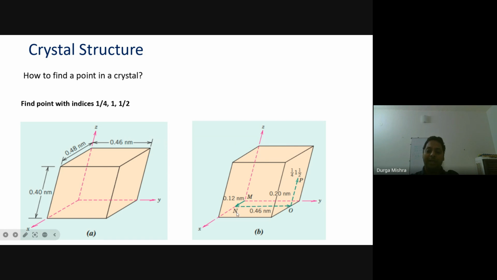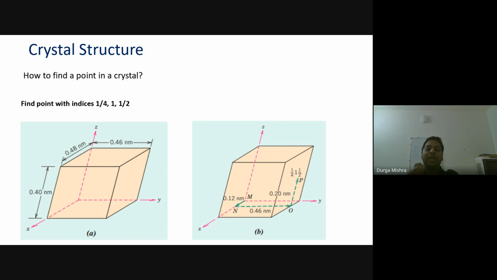So from M to N I come, then N to O. Then I'll go along the z-axis by half. So half of the 0.4 is 0.2. So I'll go about 0.2 nanometer along the z-axis along this plane, and this point P represents the indices 1 by 4, 1 and half.